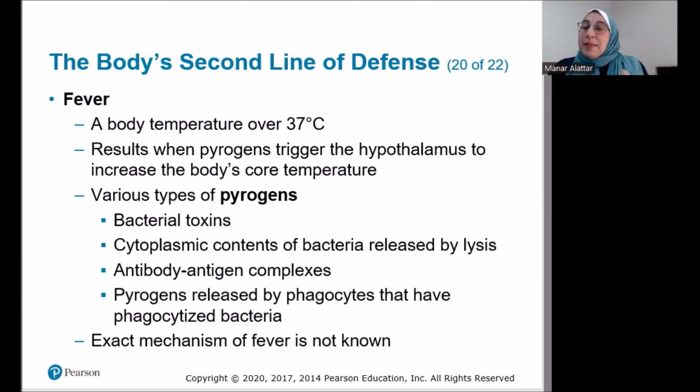And that increased temperature has a couple of different goals. One is to allow your white blood cells to carry out their actions as efficiently as possible. That includes histamines, for example, and cytokines, which are chemicals that are released so that the white blood cells can communicate with one another. They're going to be spread more quickly through the body if the temperature is increased.